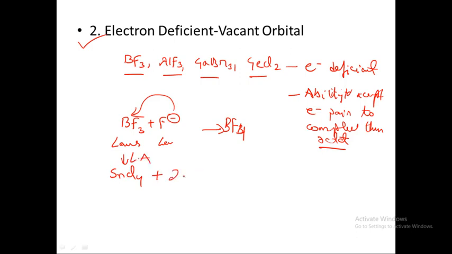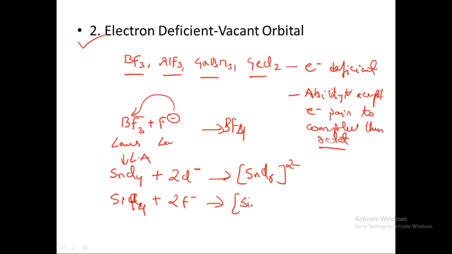When it reacts with two molecules of Cl minus, you get SnCl6 2 minus because two chlorides have been added. Similarly, silicon tetrafluoride reacting with two fluoride ions gives SiF6 2 minus. In this way, electron deficient compounds also behave as Lewis acids.